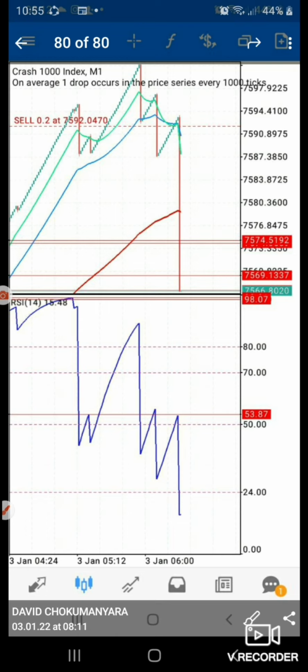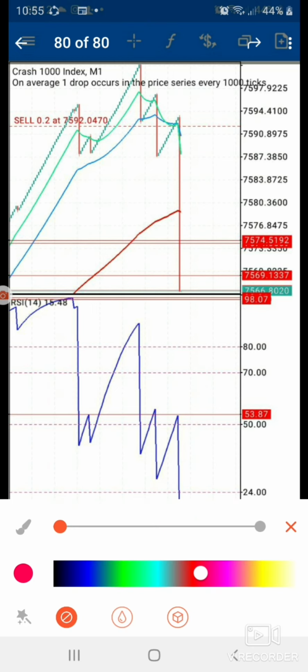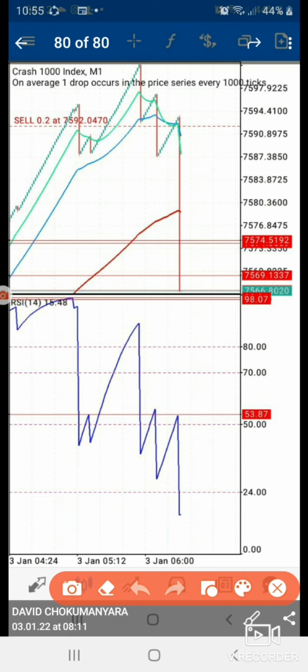So you identify your key levels. You have to identify your key levels, and you draw your resistance line. In this case, I was going to use arrows here. I was going to use this small spike and this one, so that I would be able to catch this spike, this one which went down.